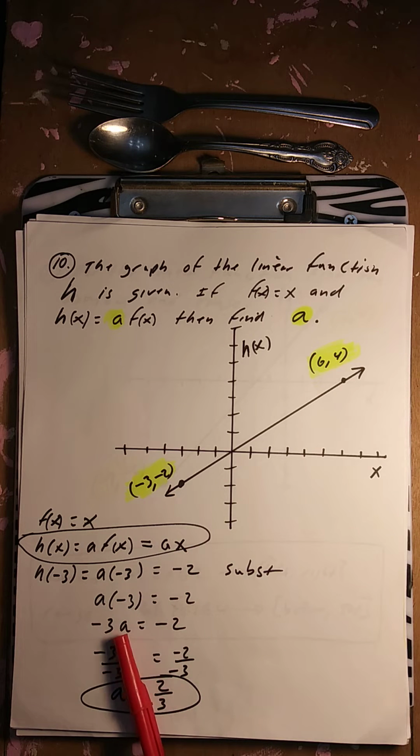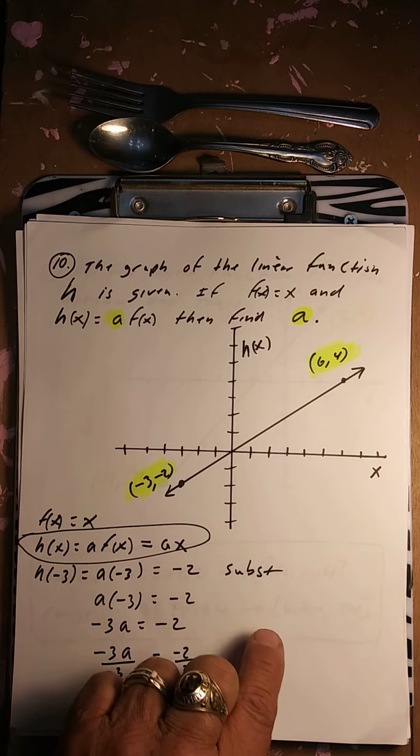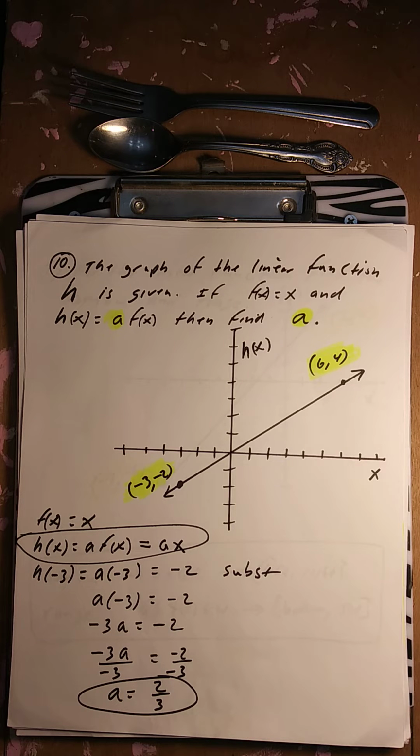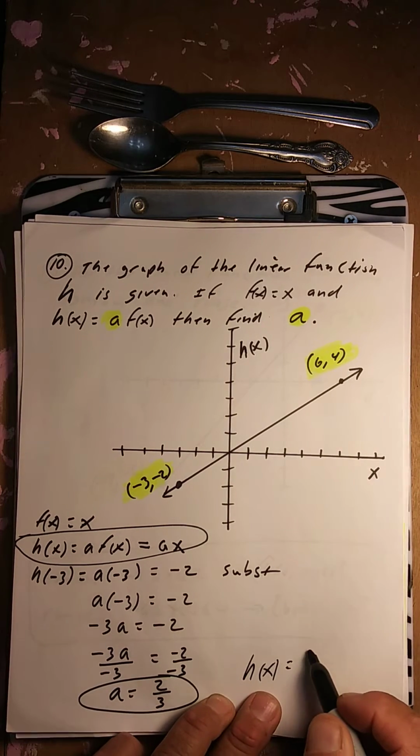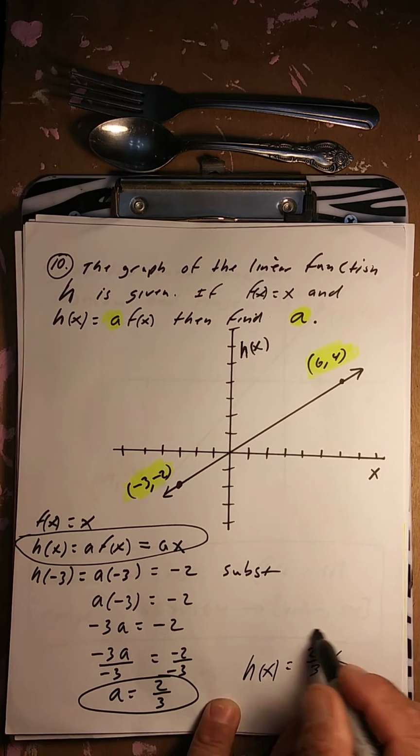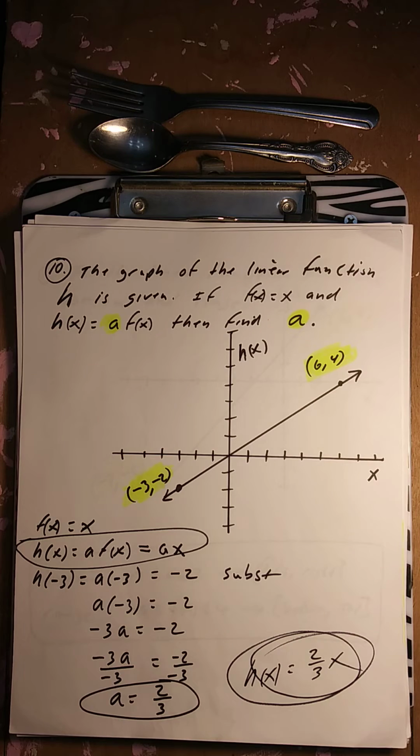Divided by 3, divided by 3, so a has to be what? 2/3. In other words, the answer is h of x is going to be 2/3 x. This is what's going to be at the end.